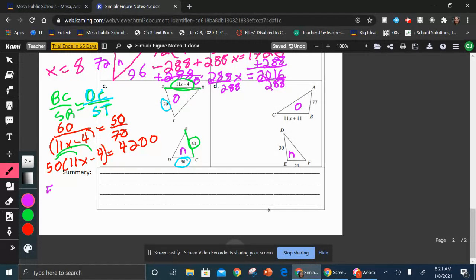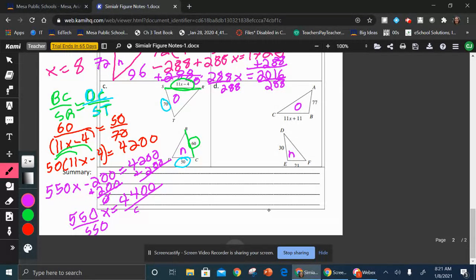Okay, so that's going to be 550x. Okay, I'm going to add 200 to each side. Remember what we do on one side, we got to do to the other side. Divide each side by 550.